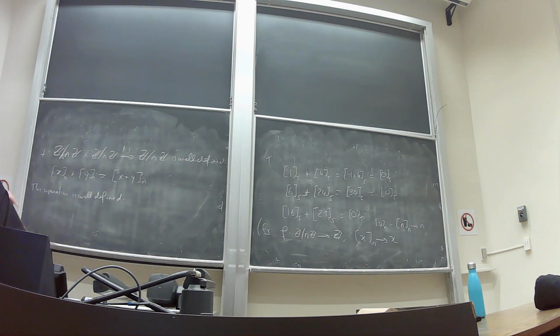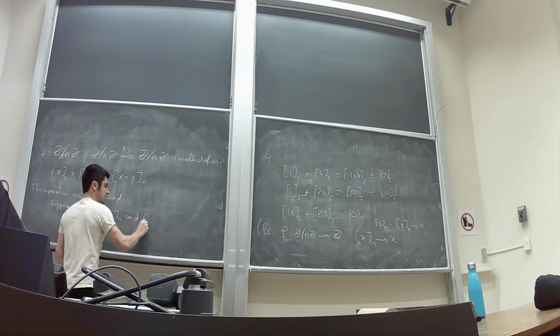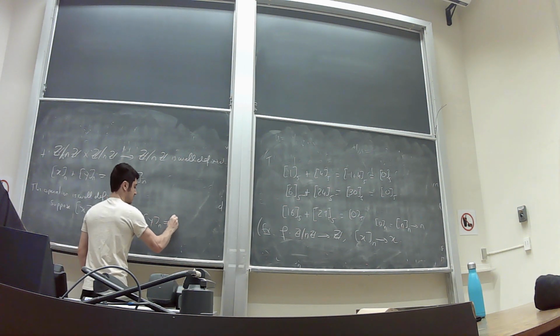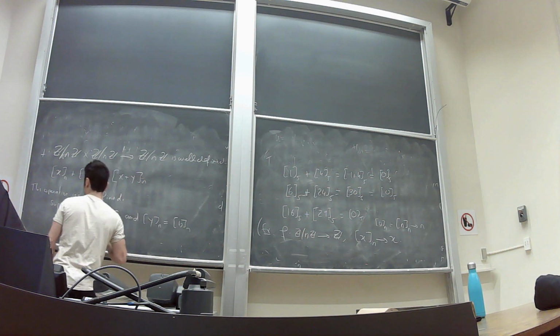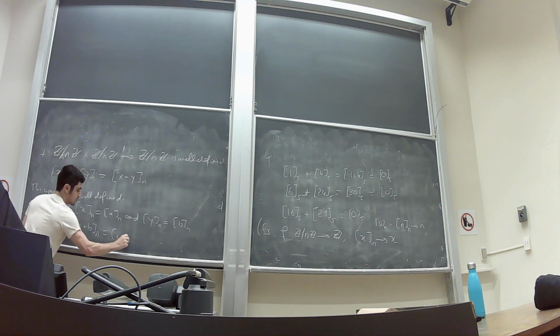Now suppose I change the x. Suppose the class of x is equal to the class of a, and the class of y is equal to the class of b. I need to show that the class of a plus b is equal to the class of x plus y.